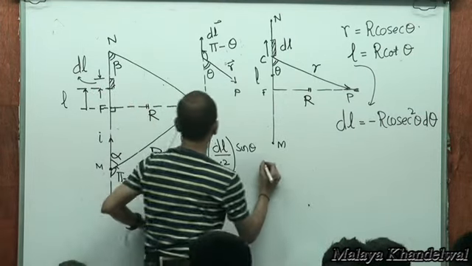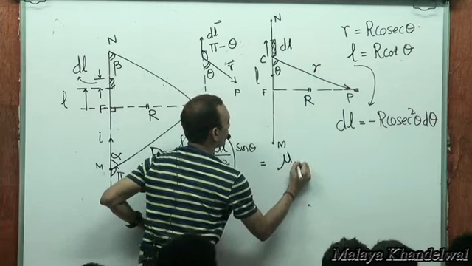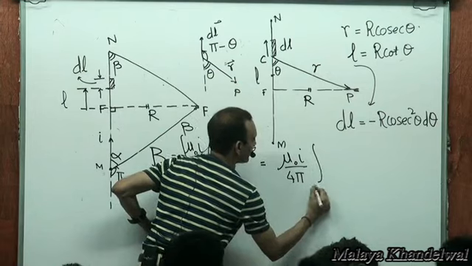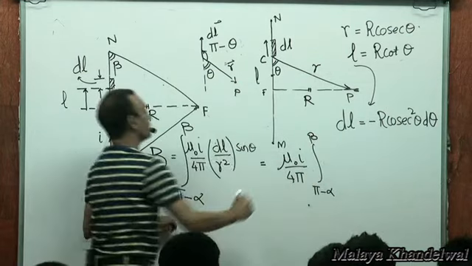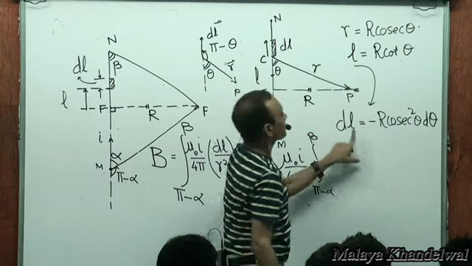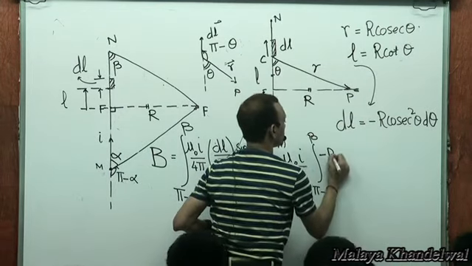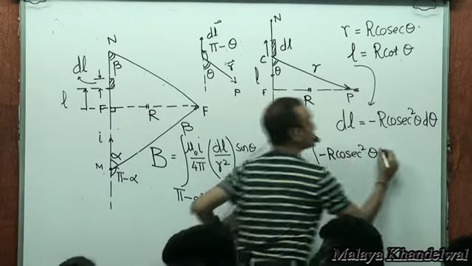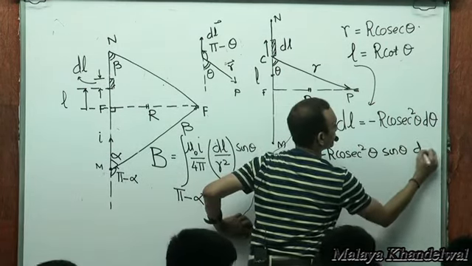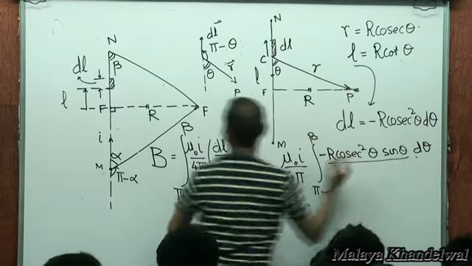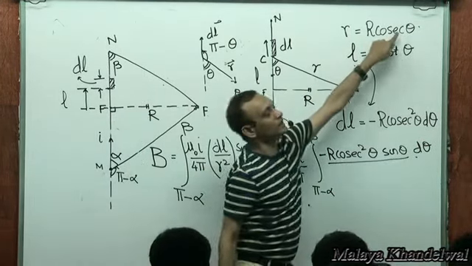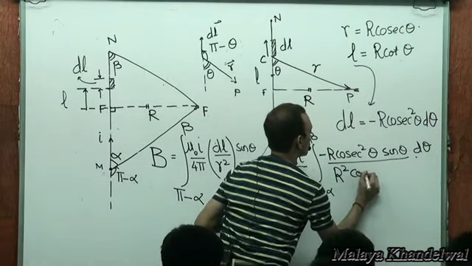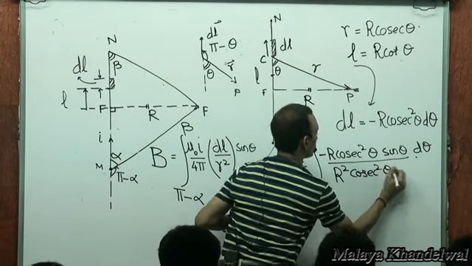Clear? Now see what it becomes. This would be mu naught I by 4 pi integral pi minus alpha to beta. This dl is minus R cosec square theta d theta. And of course there is a sine theta here, d theta divided by r squared. R squared is capital R squared.